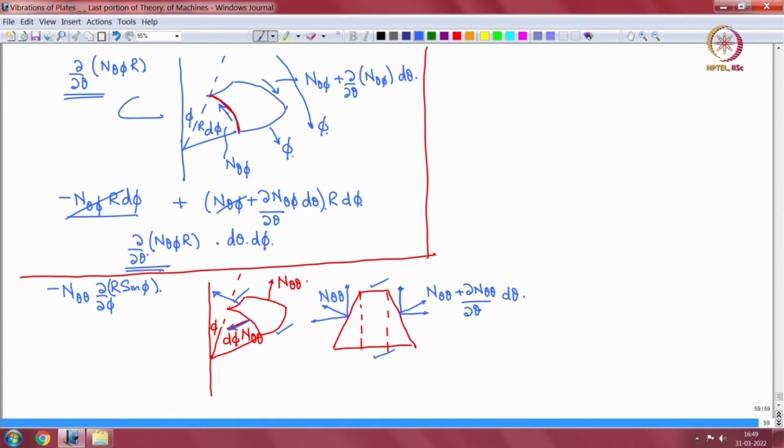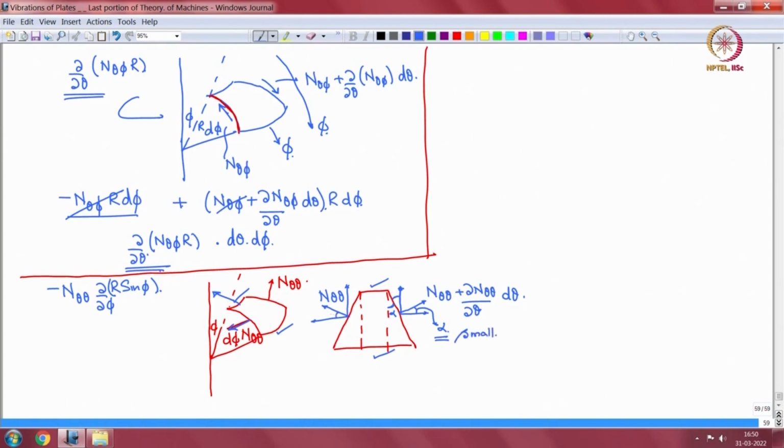Now let's consider this angle to be alpha. Then this angle is alpha, and this angle is alpha, and it is a small angle.